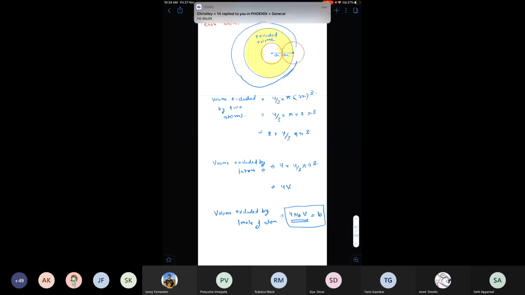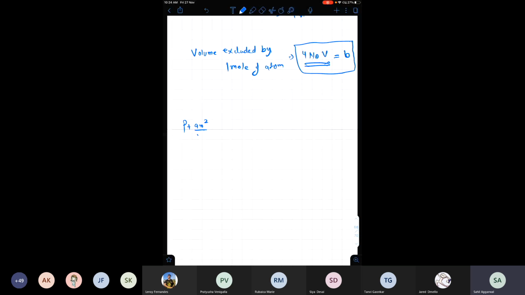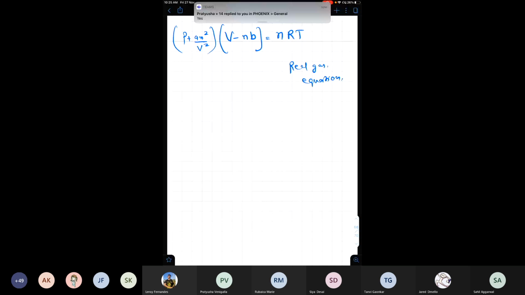So now your equation becomes P plus a n square upon V square into V minus n b equals nRT, the real gas equation. Understood?